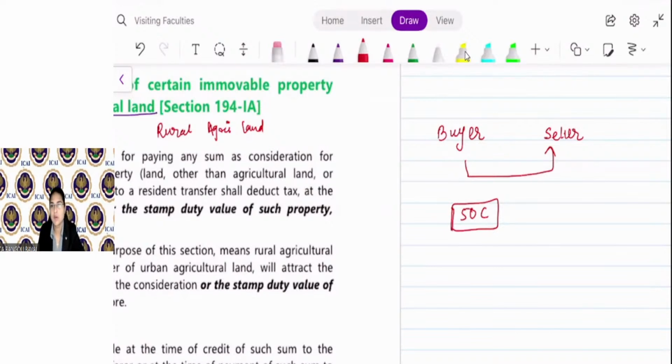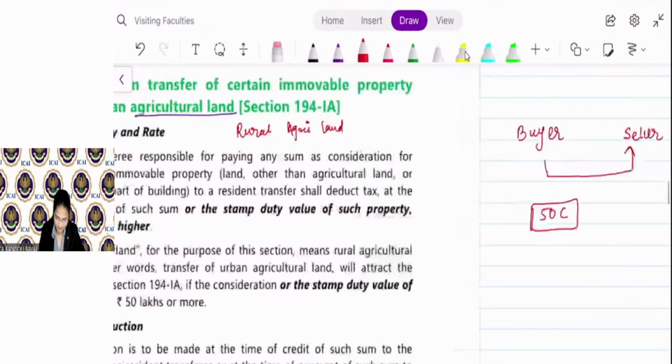So here the same concept is applied. If your consideration or stamp duty value is more than 50 lakh, then you have to deduct TDS on such transaction in case of purchase of immovable property.